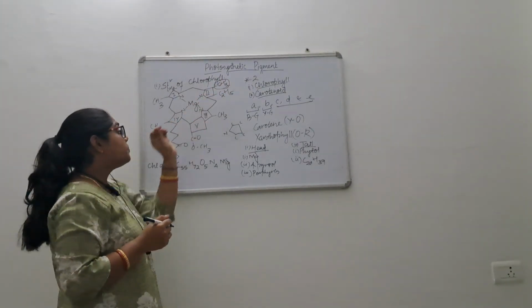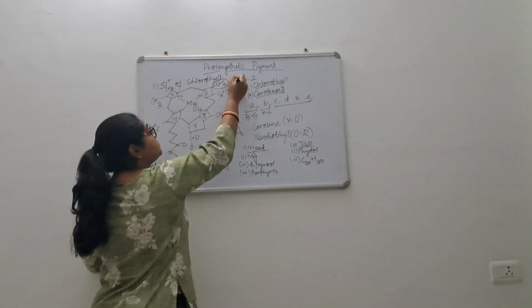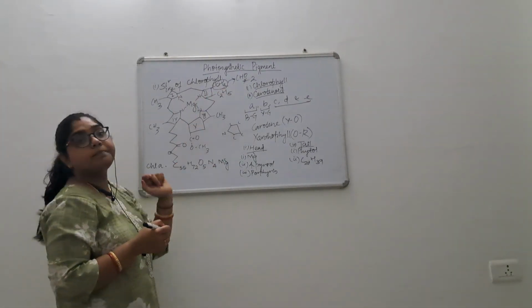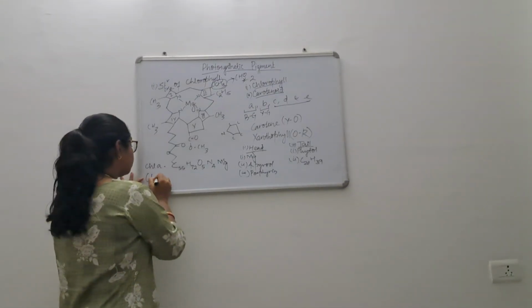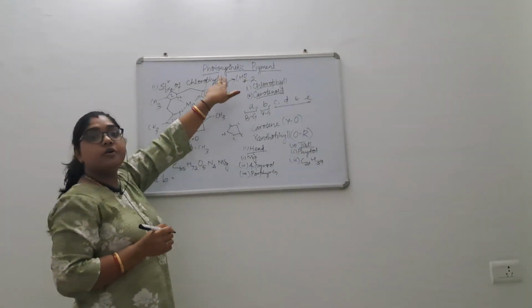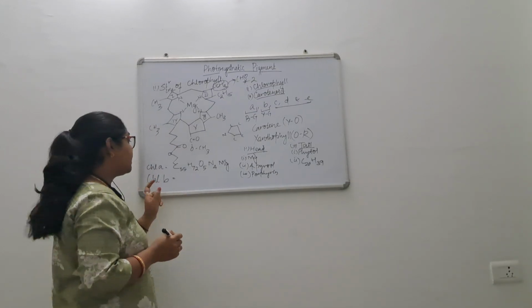When this methyl group is replaced with a carbonyl group or CHO group, then it is the chlorophyll B structure. So the chlorophyll B structure has a carbonyl group instead of this methyl group at the second pyrrole ring.